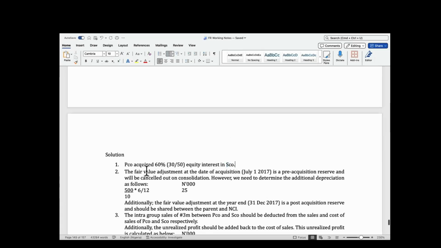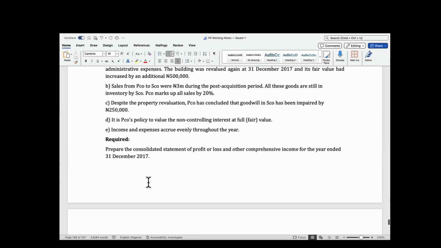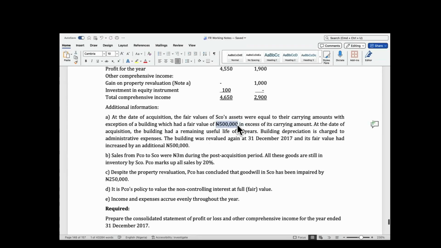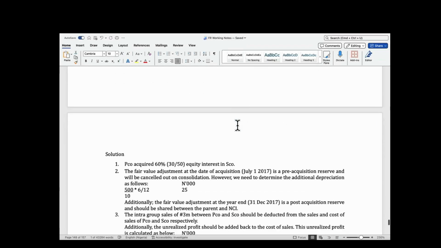Secondly, we're told that the fair value adjustment at the date of acquisition is a pre-acquisition reserve and will be cancelled out on consolidation. However, we need to determine the additional depreciation as follows. I told you that this 500 is a pre-acquisition reserve, and we need to determine additional depreciation, the depreciation they have not charged.